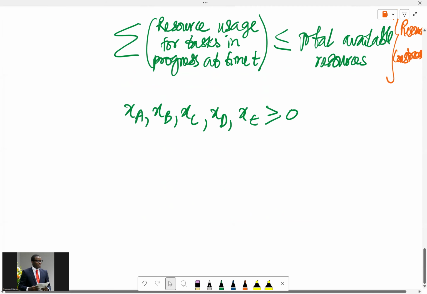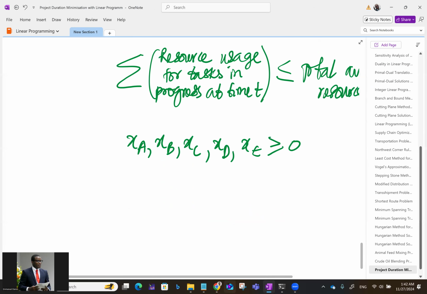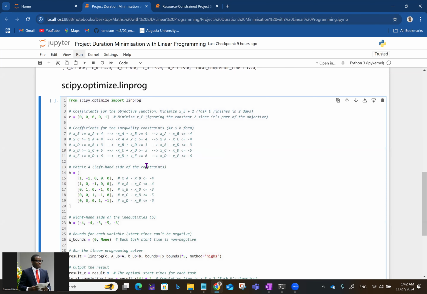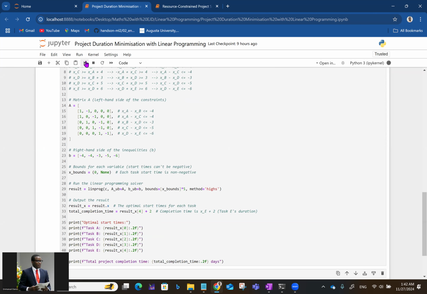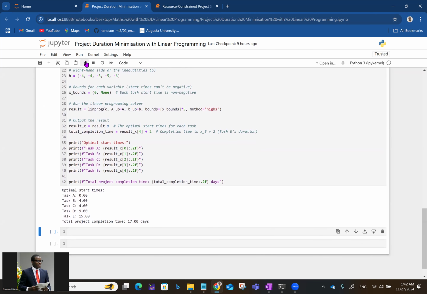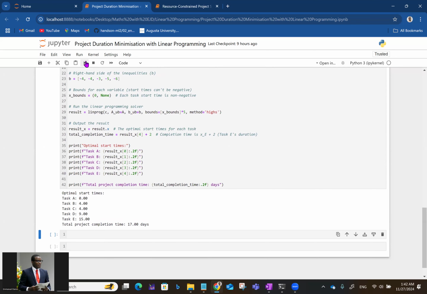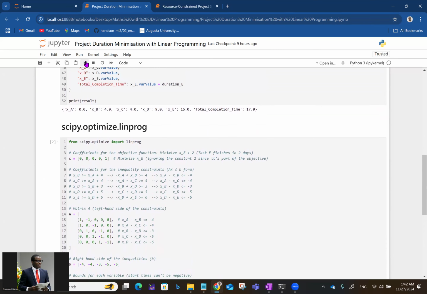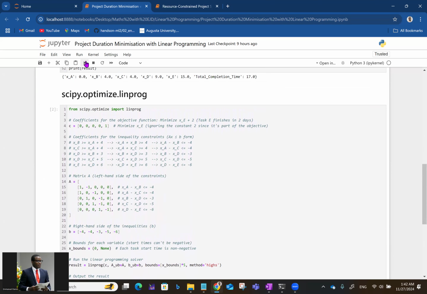Before I go back, let me show the other part. That's pulp, and then we also have the setup in linprog, and we get the same thing, 0, 4, 4, 9, 15 for the tasks, and the total completion time is 17 days. See how the whole setup is done here based on all the constraints we have set at the other time.